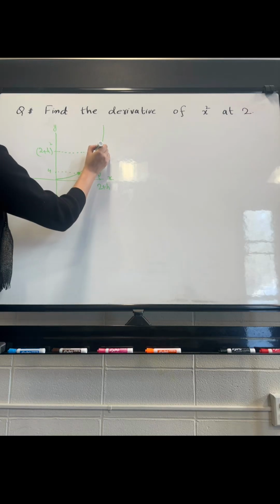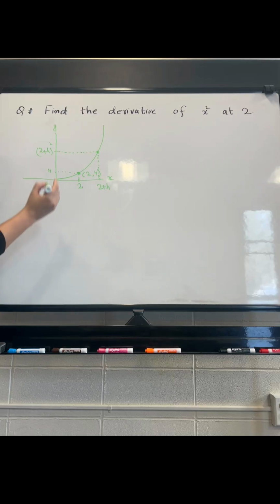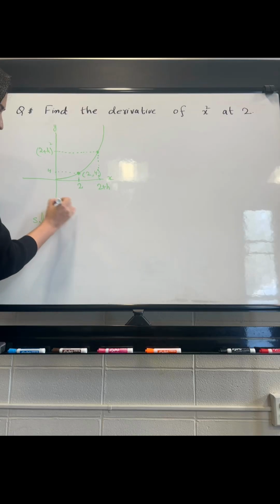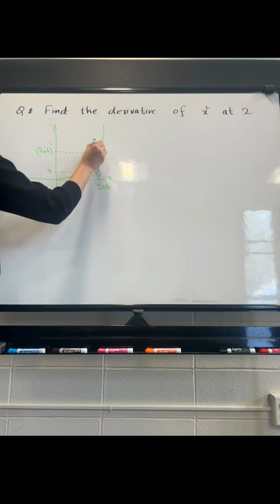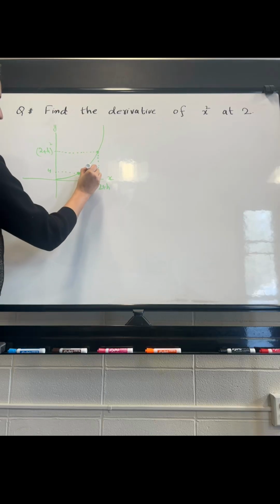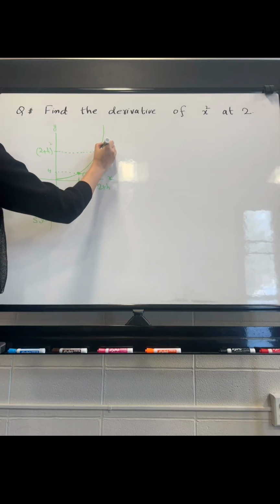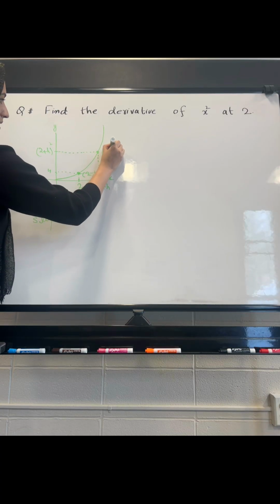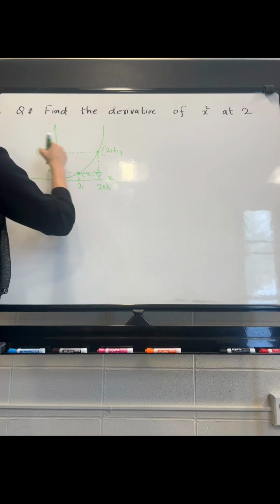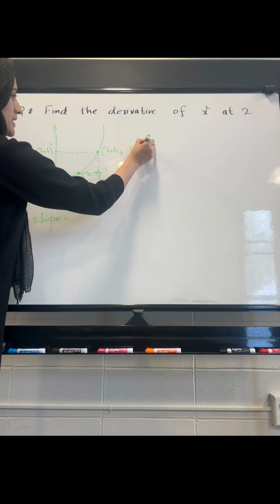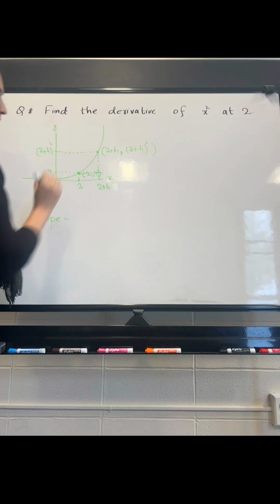The slope between these 2 points will be the secant line from here to here, and we know that the slope is actually the change in y, from here to here. This will be our x coordinate 2 plus h, and our y coordinate is 2 plus h whole square.